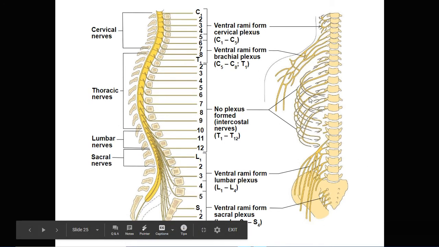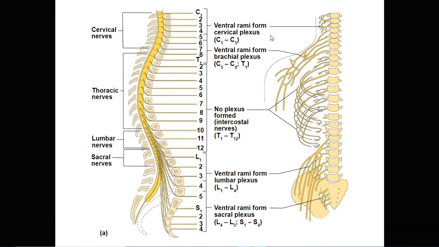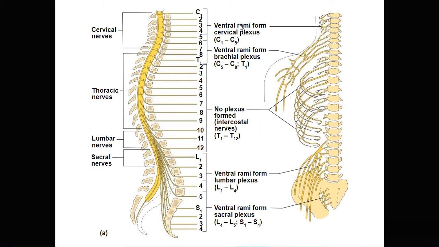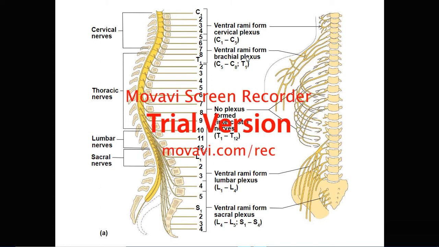So if you remember, the plexus is a branching network of intersecting nerves, and they're going to form from the ventral rami. So this is just showing you, for the cervical plexus, the ventral rami form cervical plexus C1 to C5. For the brachial plexus, the ventral rami form the brachial plexus.